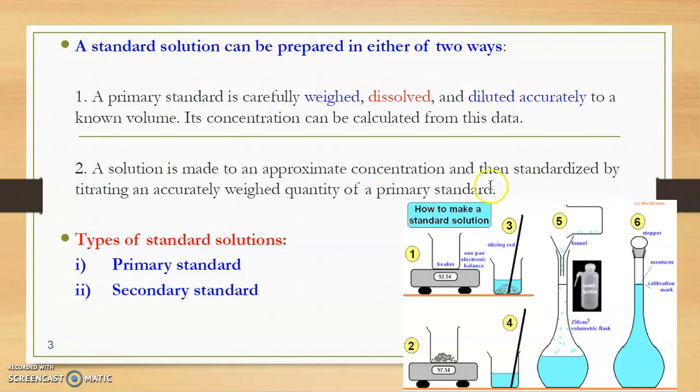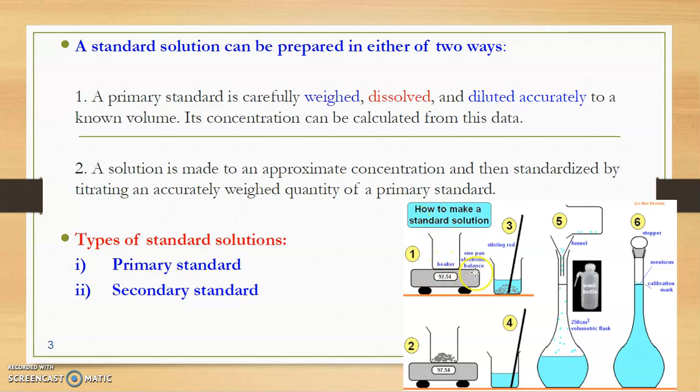A standard solution can be prepared in either of two ways. First is primary standard: carefully weighed, dissolved and diluted accurately to a known volume. For example, like what we did in the lab the other day, how to make a standard solution.